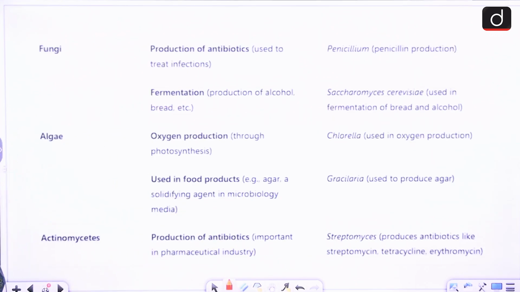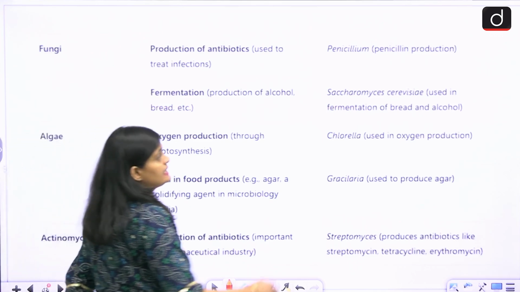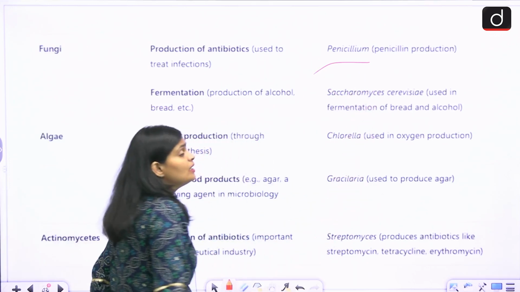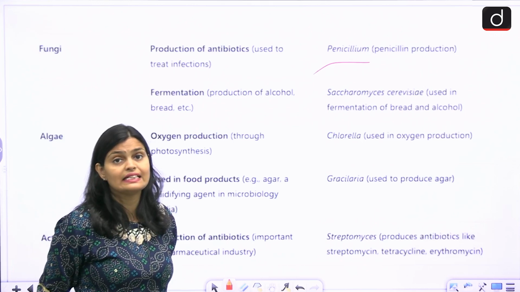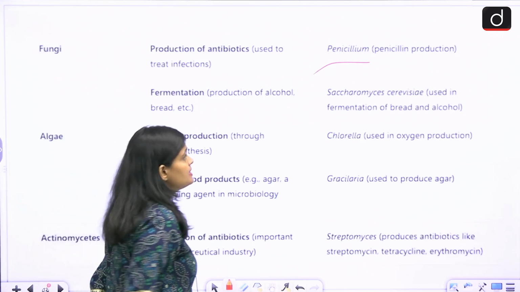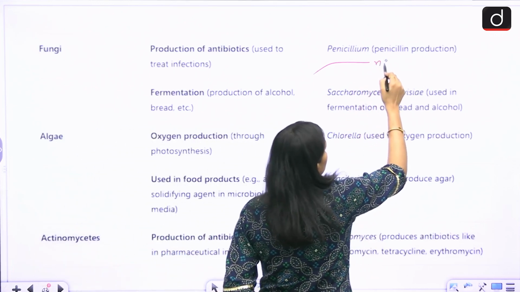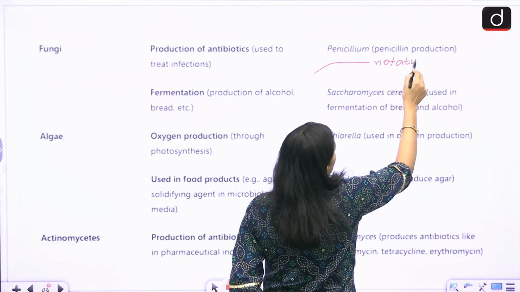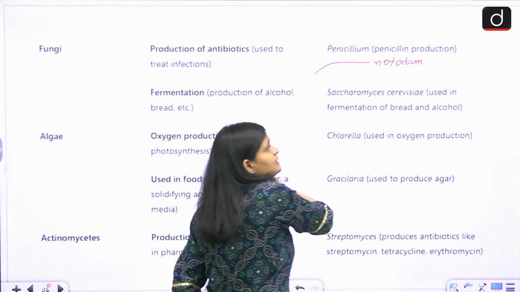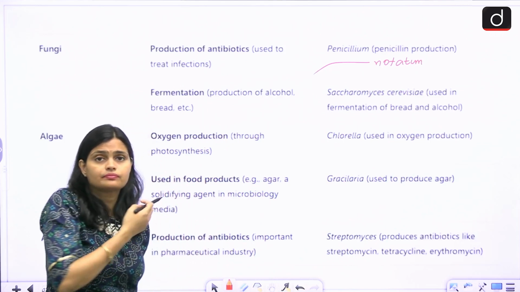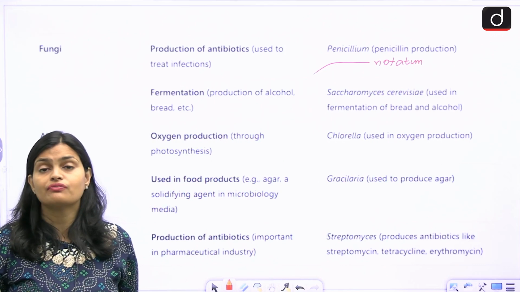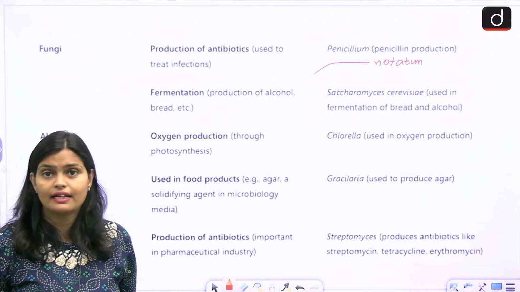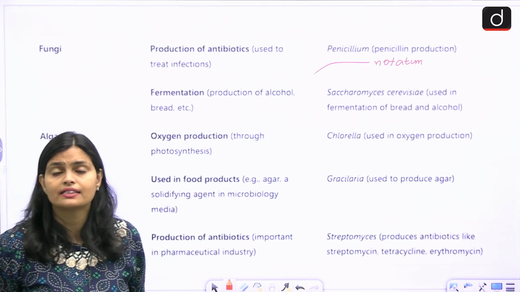Again, if you talk about fungus, we have a very important fungus like penicillium. Basically the full name of the fungus is Penicillium notatum. Now this Penicillium notatum is used in penicillin production, like the production of antibiotics. Now what are antibiotics, guys?